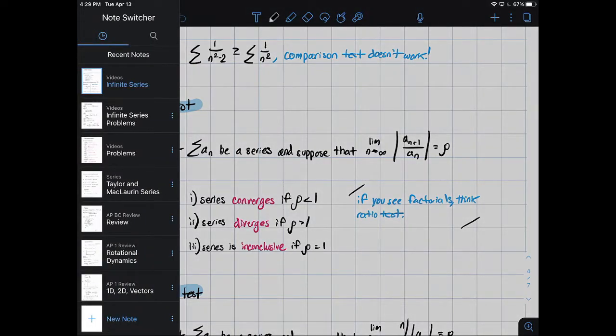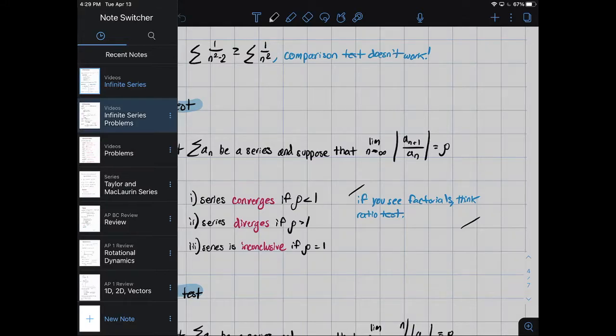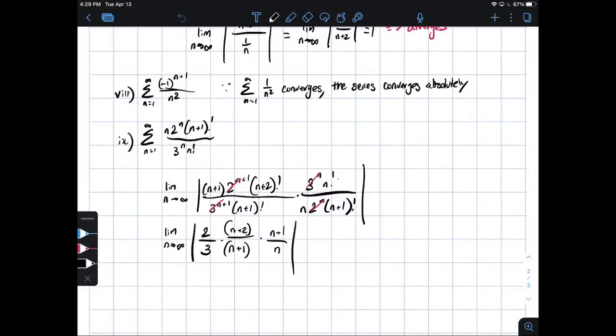What we're going to see is that this limit is equal to 2/3. I'll cut to the chase: this is equal to 1, and this is equal to 1, as n approaches infinity. So we just have 2/3, which is less than 1, and therefore it converges. Very cool.